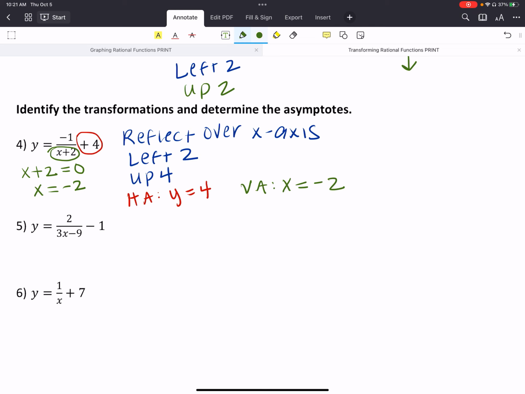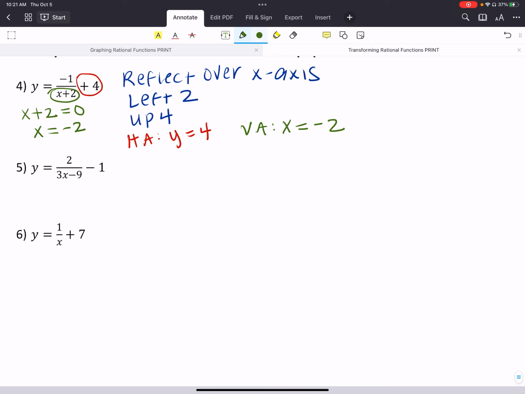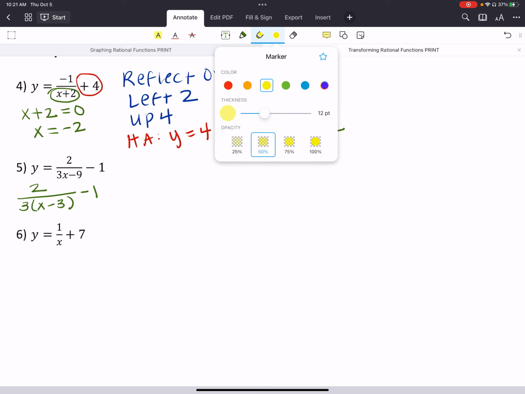Okay, let's look at number 5. So first we're going to write our transformations. So this one has a numerator on the bottom. So I'm going to pull that GCF and I'm going to pull a 3 out and make this x minus 3. So then we can clearly see our transformations.